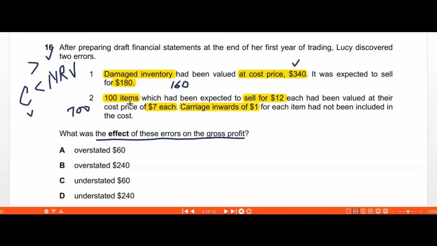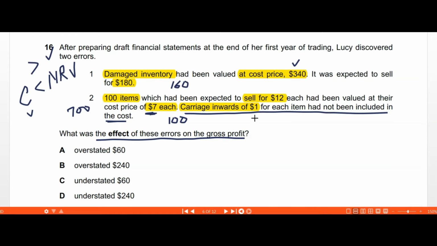Carriage inwards for each item has not been included in the cost. So over here they're already stating it at the lower of cost, because cost is lower than the selling price. However, the difference is because of this 100 carriage inwards that they have not included in their cost. So this should have been 800.